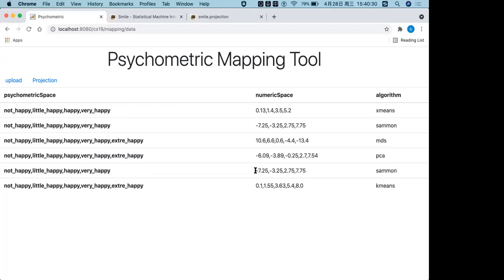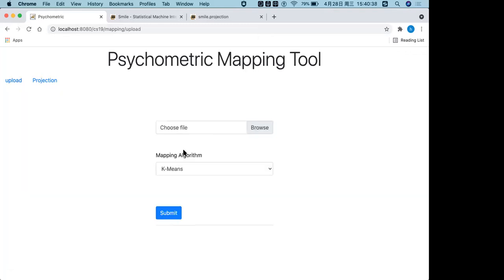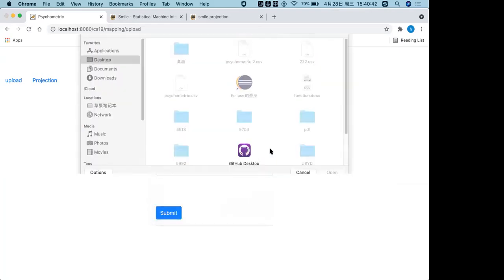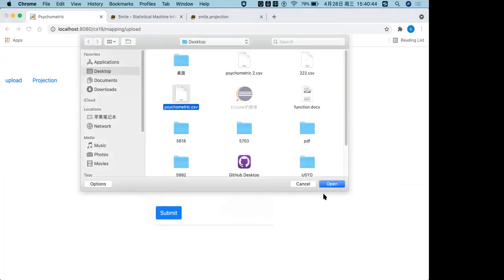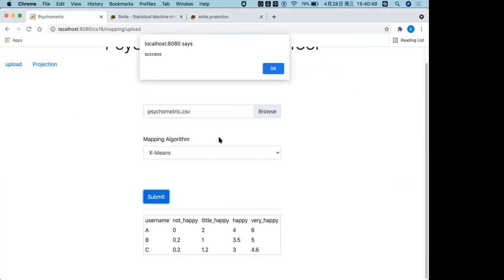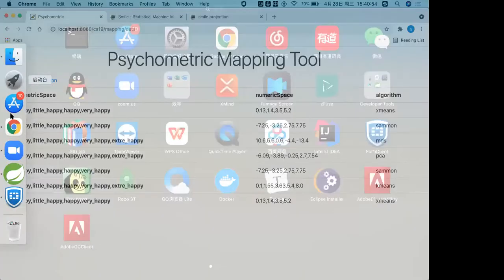Okay, can you go back and pick a different one? Let's see how the x-means and the g-means produce. Can you do that? Yes. Choose the first one. Oh, wait, don't do a different one. Use all the same data. Okay. 0 to 5, 0 to 8.